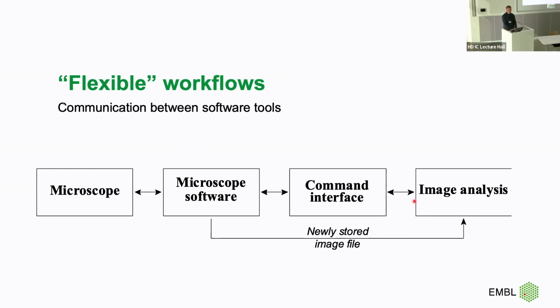So our image analysis can, at this level, define XYZ positions or define the regions which need to be communicated to the microscope. And the task of this command interface will be to translate these commands to the language understood by the particular microscope. In this way, we think we can make it modular, in order to make workflows truly adaptable.